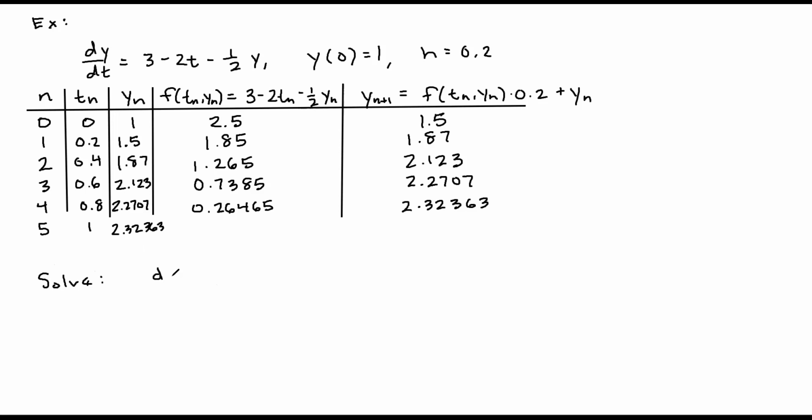Given these values here, the solution to the differential equation would be y equals 14 minus 4t minus 13 e to the negative 1/2 t.